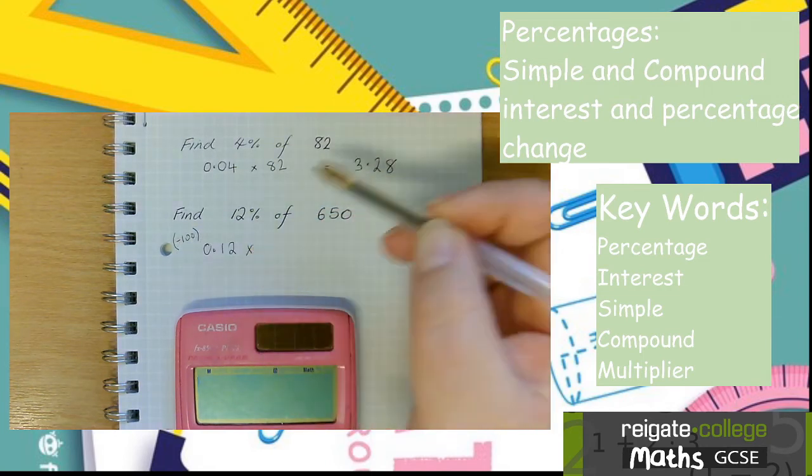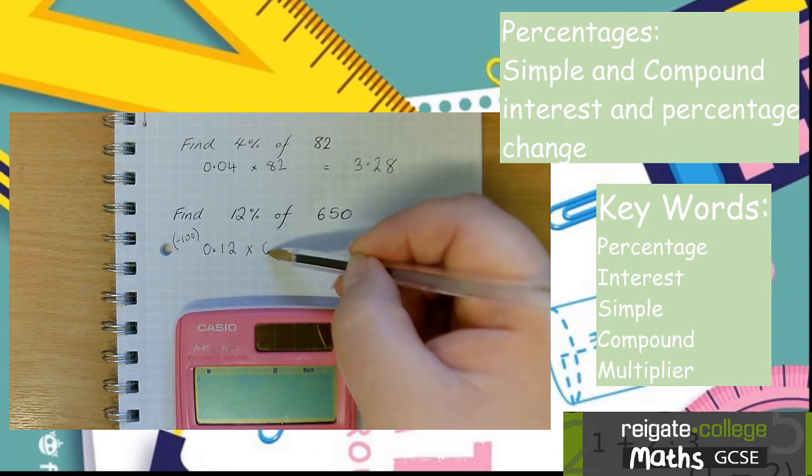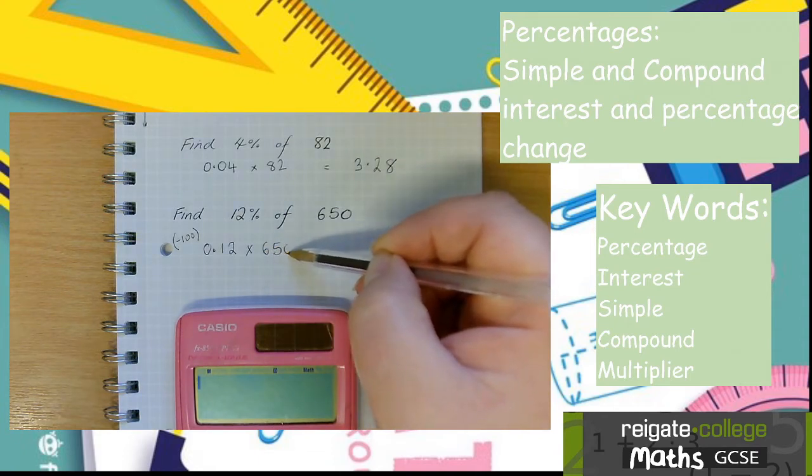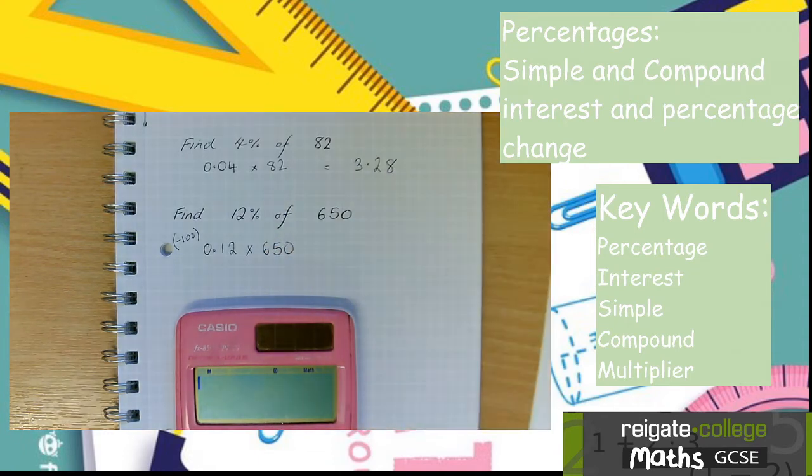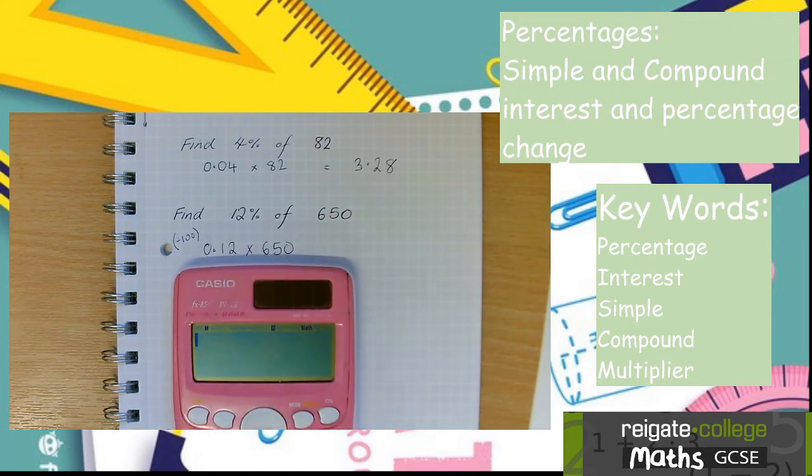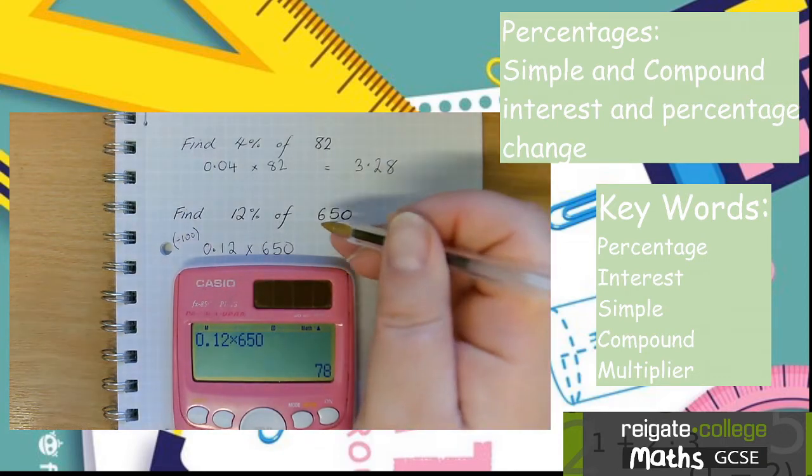Having arrived at the decimal, you're then going to multiply that by 650. On the calculator once more, 0.12 multiplied by 650. That comes to a total of 78.